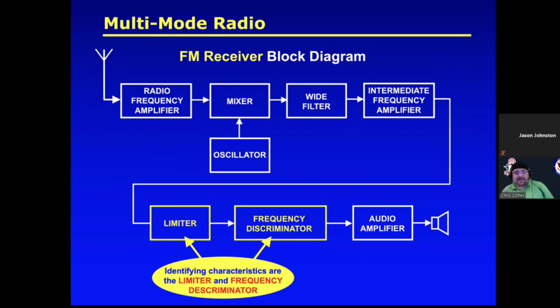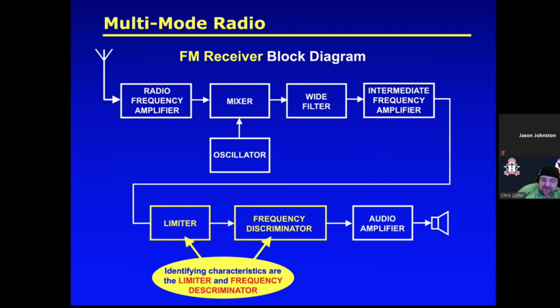Eventually, it's got to be limited down, because you're going to have all this stuff coming in, and then the limiter will pass the information over to the discriminator to filter. This basically does the same thing as in the AM radio. It's going to cut down what it is that you're trying to hear.